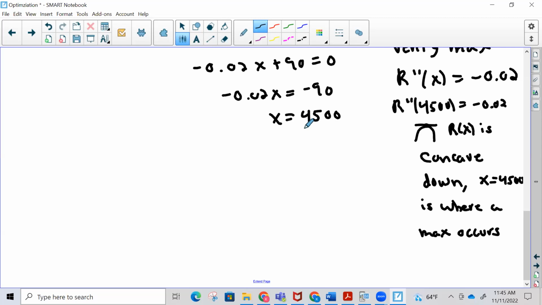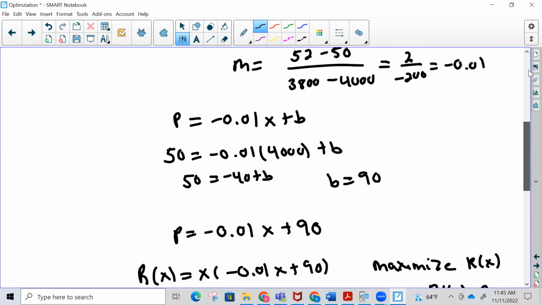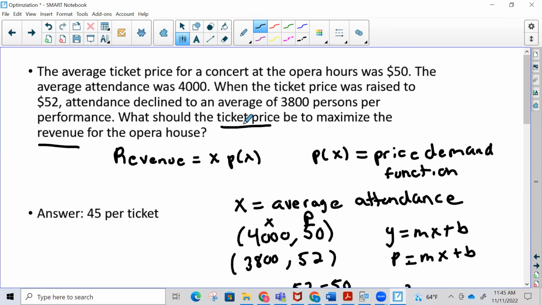So this is my X value, but always go back to the question, because usually they ask for more. It said, what should the ticket price be to maximize the revenue? The ticket price is this P of X. That's the price demand function.